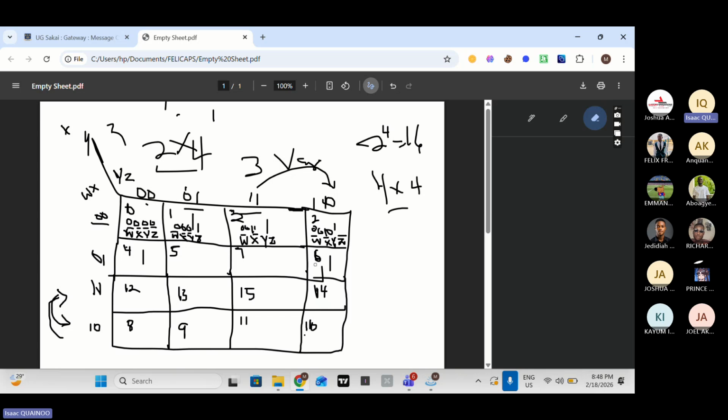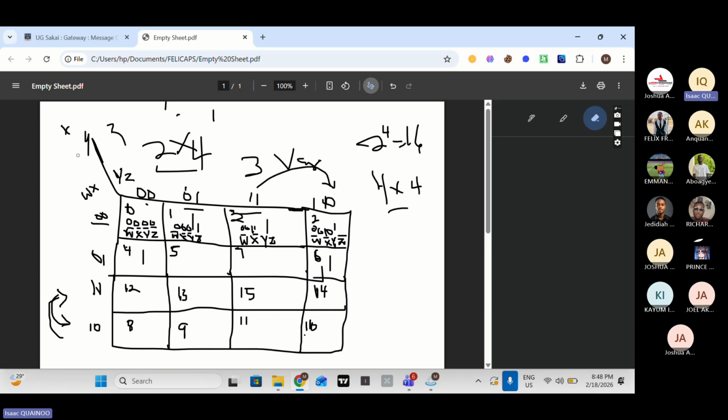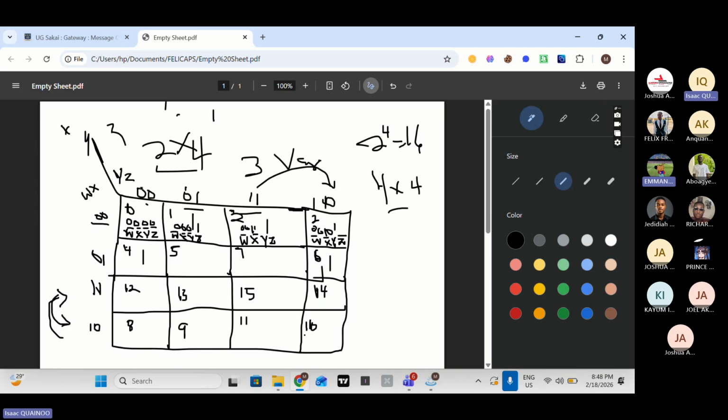Okay. So I get your question. So if I got you right, you're asking if the comparison, let's say 0001, is done between the first bits or the second bits, right?